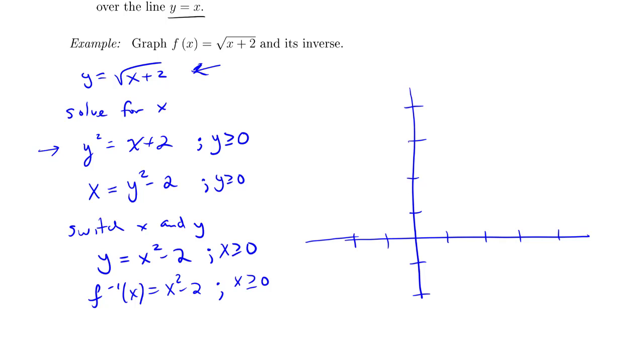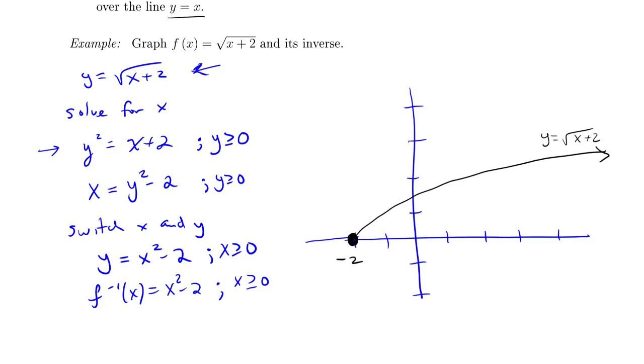So that's over at negative 2. And that's going to go like this. All right, I think that's pretty decent. So that's y equals the square root of x plus 2.